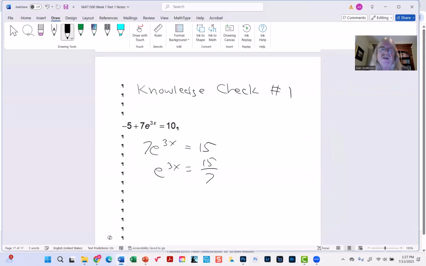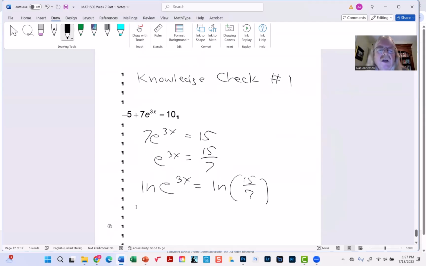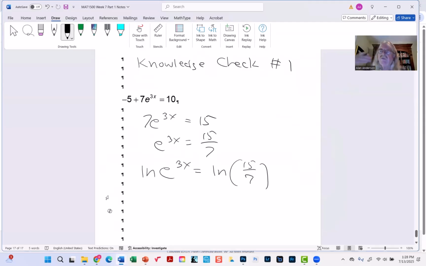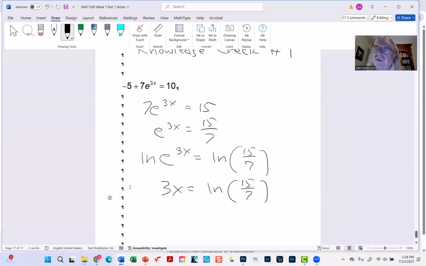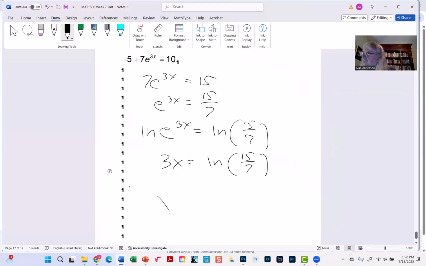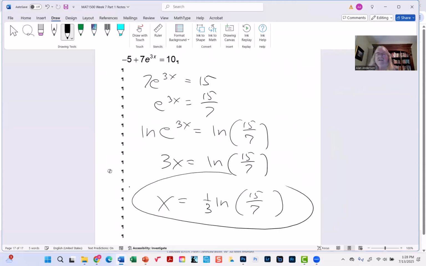We'll take the log of both sides. And of course, on the left, the log of e raised to any function of x becomes that function of x. So we have 3x equals log 15 over 7. And then, of course, I divide the 3 from both sides. And there we go.